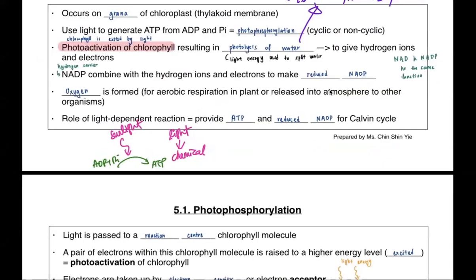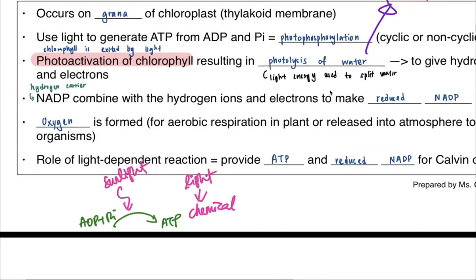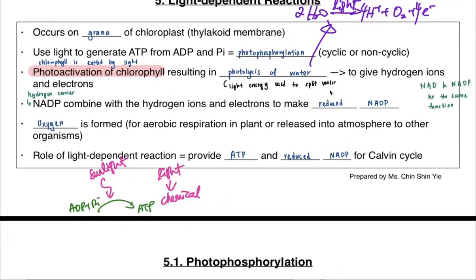And the photoactivation of chlorophyll. One thing you need to know, I'm not sure if you have learned that in physics already, is the photoelectric effect. When something like a metal is struck by light, it is possible that the energy absorbed by the electron from the light would cause the electron to be excited and leave the metal surface.